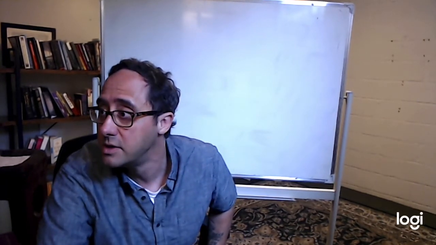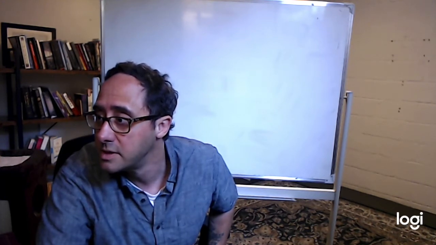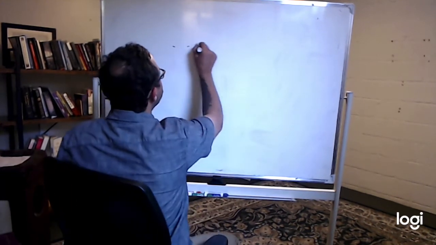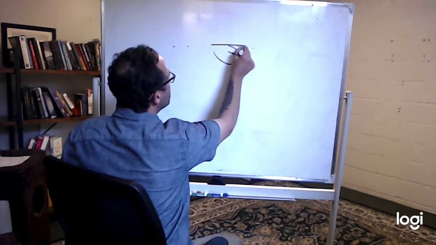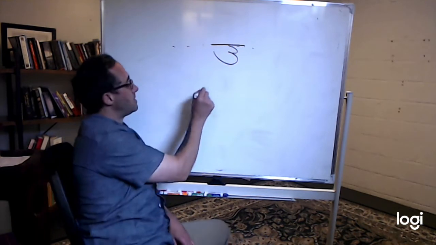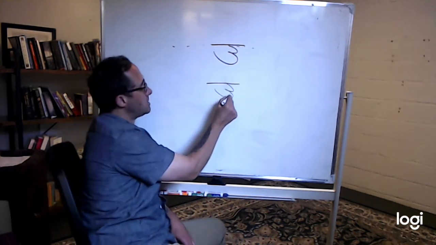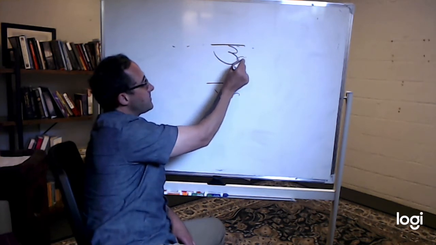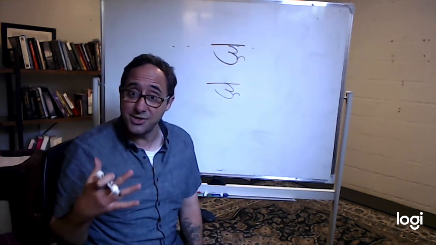I guess I haven't been writing in Devanagari a whole lot lately. One moment. Yeah. So think about that line. How do I make it oo? There we go. It's the oo now. Okay, so now we have ooh and oo.